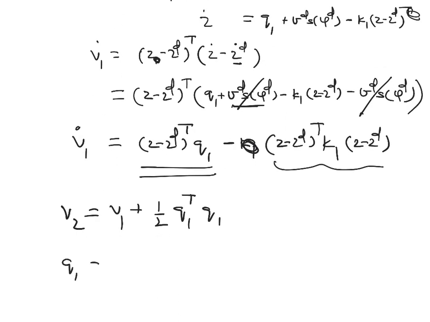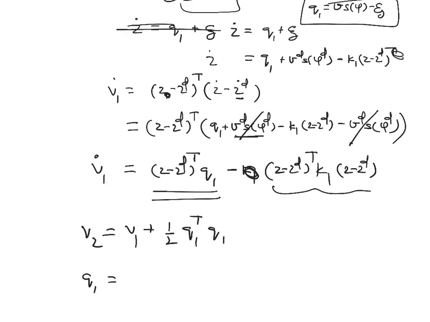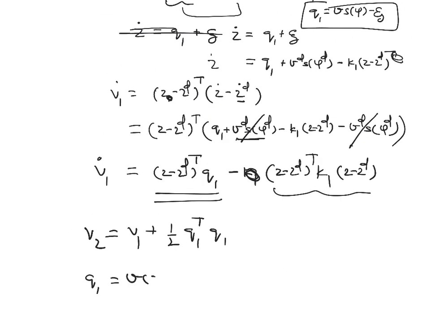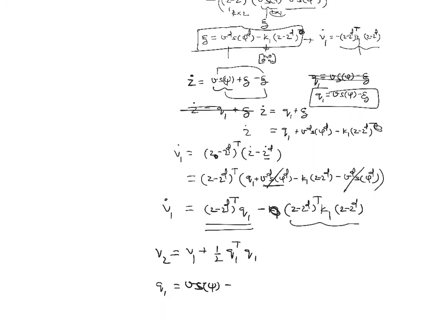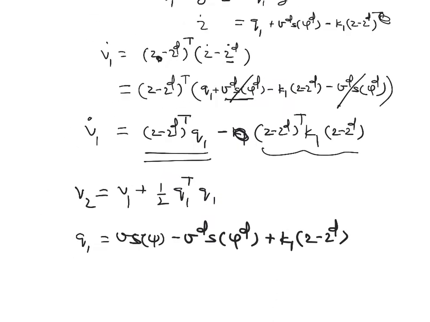Q1 is vs psi minus z, and minus z is zeta. Zeta is minus of this, so minus vds psi d plus k1 z minus z desired dot. So that is our q1.